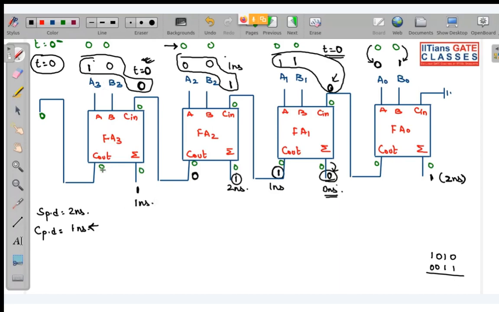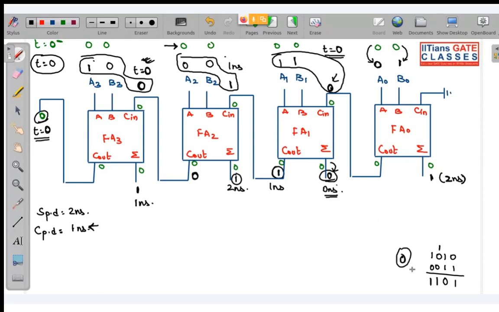And this C out, you can see, there will be no carry generated when I add 1 plus 0 plus 0. So this C out is 0. It is also present from t equal to 0 nanosecond. So for generating the output, that is basically 1, 0, 1, and this is your sum bit, and carry bit is 0.